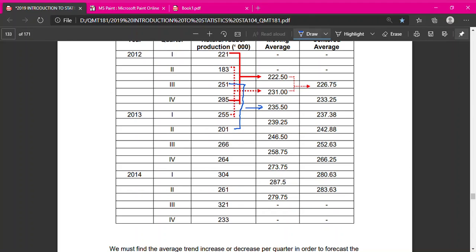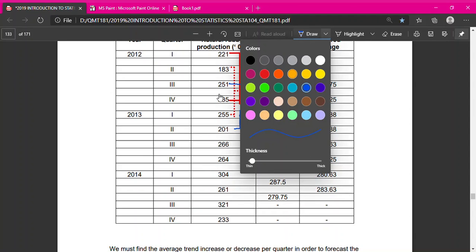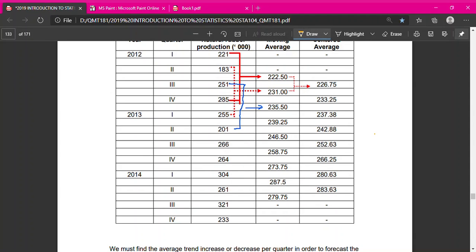The next one uses the following data: 235 plus 255 plus 201 plus 266, put in the middle between 2 and 3, 255 and 201. Then you will get this. You need to calculate the average for the corresponding data until all the data is used up.